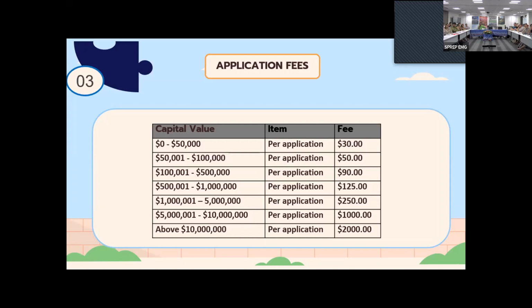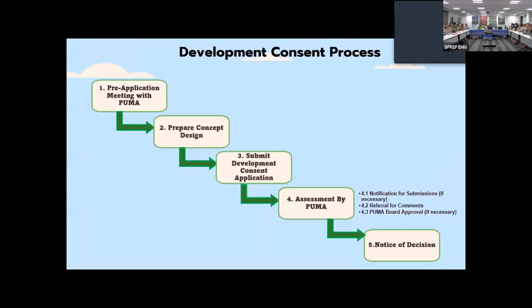And if your multi-complex is above 10 million, then it's 2,000 tala. That's just an idea of what the fees are like. We will also be giving this out on pamphlets that you can take and keep and have a closer look at. But after you pay the fee, then we move on.